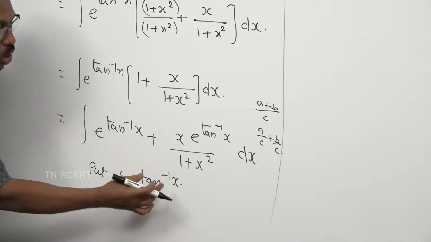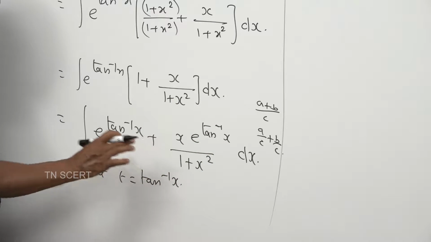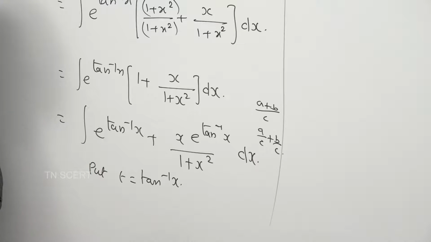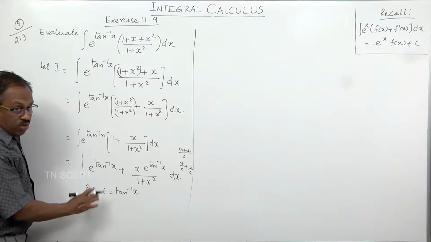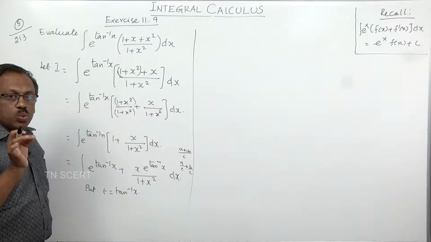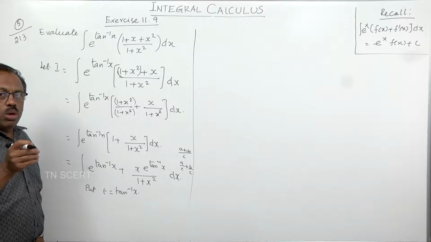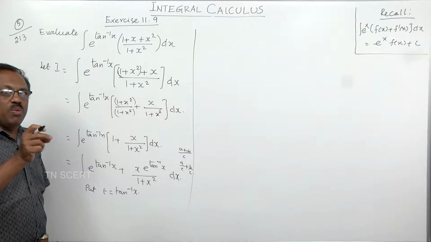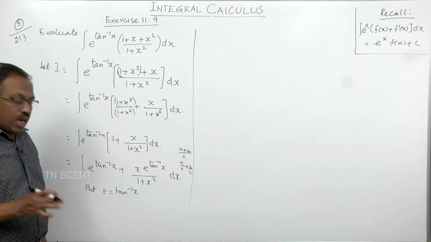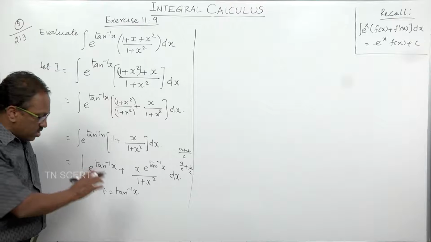Here we are adopting the substitution method because then only can this problem be solved in an easy way. Dear students, you have to do this process carefully, because some problems you may do, but when you do them you may find it difficult. This stage is a very important stage.